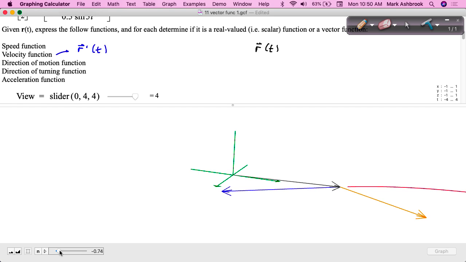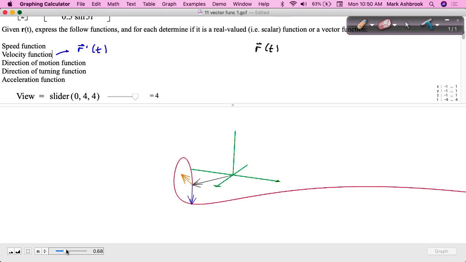Here's this new gold vector. Here's t is negative 0.43. Here's t of 0.68. Here is t of 1.16. It seems to be in the same direction as the blue one.